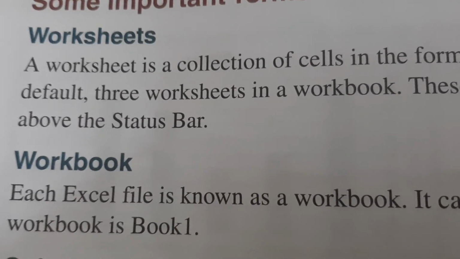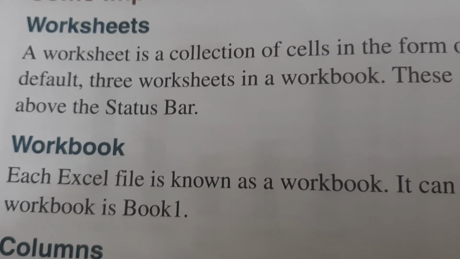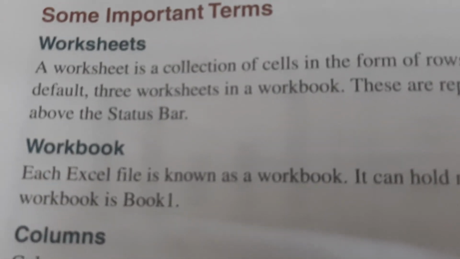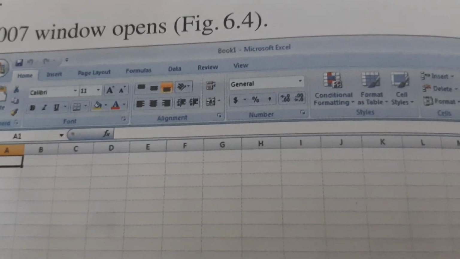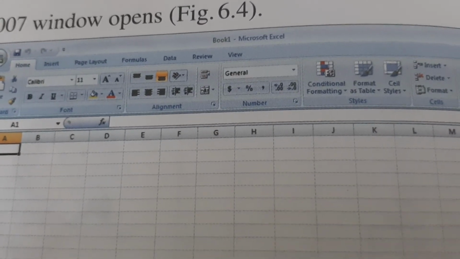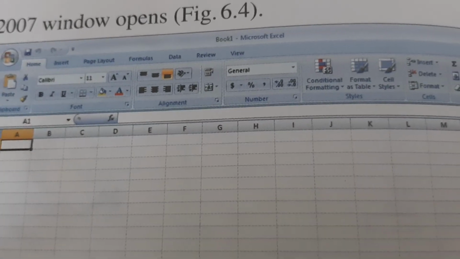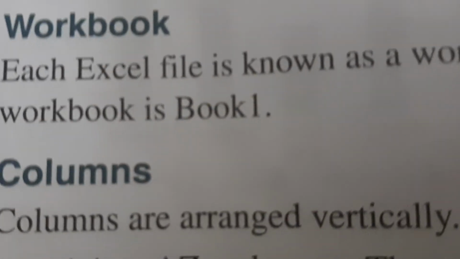Workbook. Each Excel file is known as a workbook. It can hold many worksheets. The default workbook is Book 1. This is Book 1. Columns.